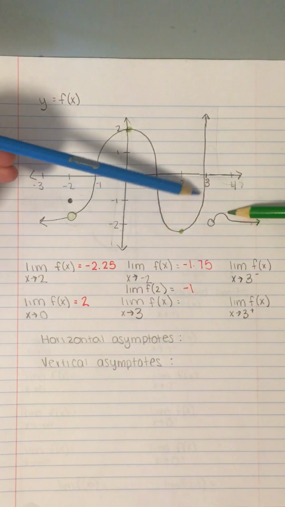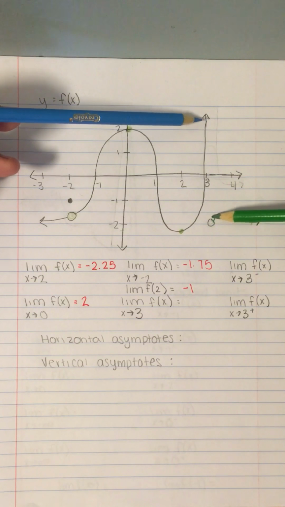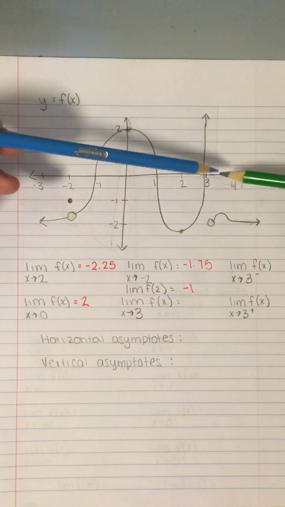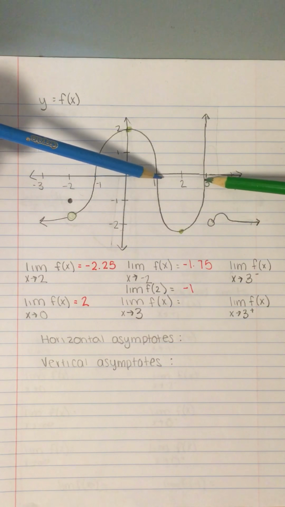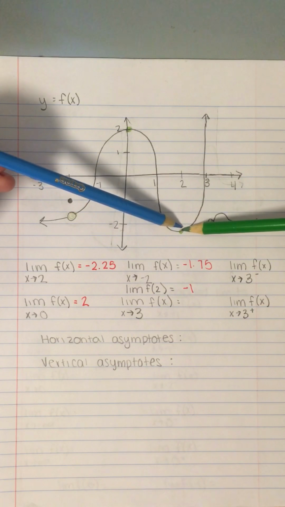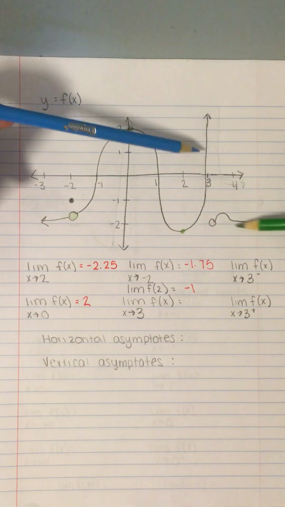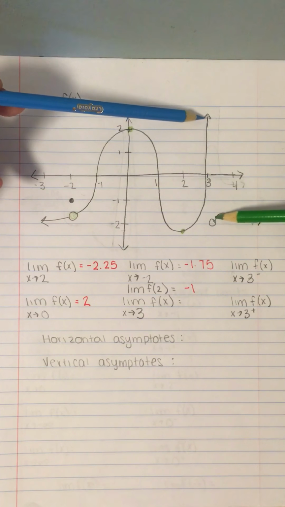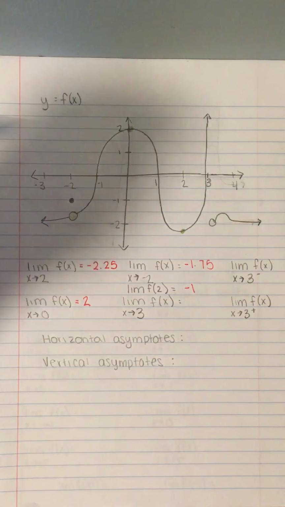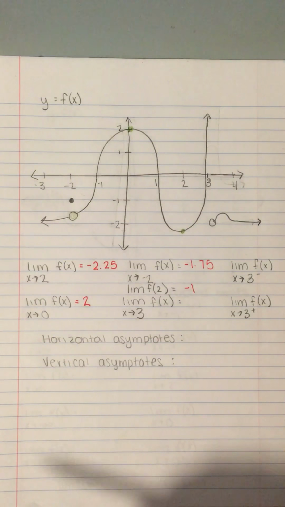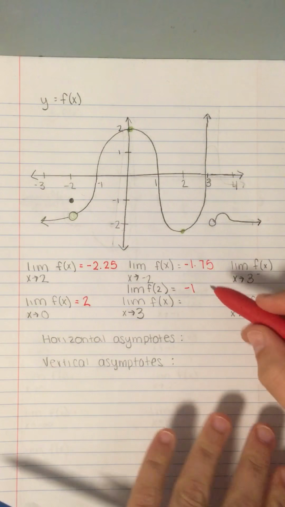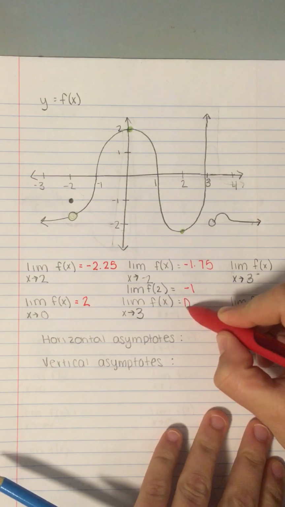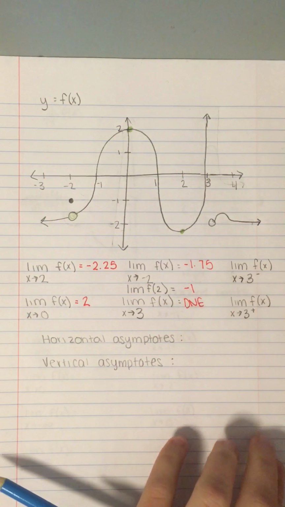When our fingers pass each other like this, or our colored pencils, and they don't touch at a point like they did at, say, x equals 2, it means that the limit does not exist. So the limit as x approaches 3 of this function does not exist.